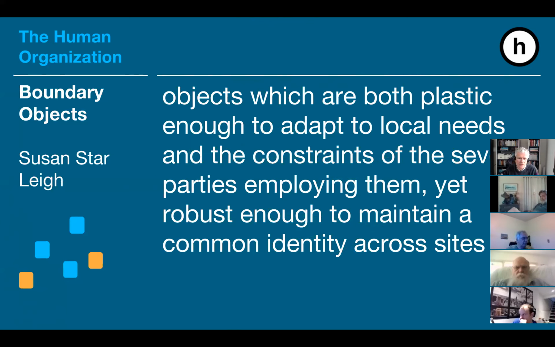So boundary objects are something that stay alive across multiple places and communities, and they adapt to the local needs. So there's an interesting definition around what really is a boundary object.